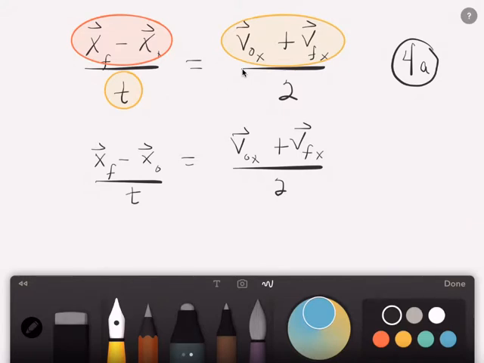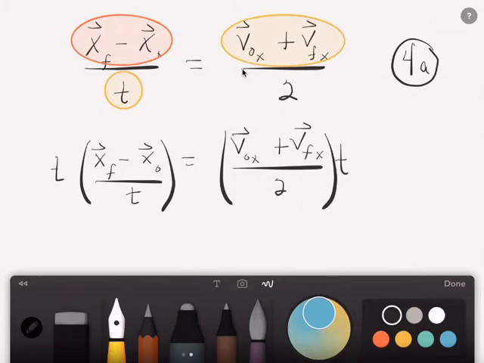Now we want to solve for the displacement in the x direction by itself. How do we do that? We use the multiplication principle of equality, which means that if we multiply one side by t, we have to multiply the other side by t.